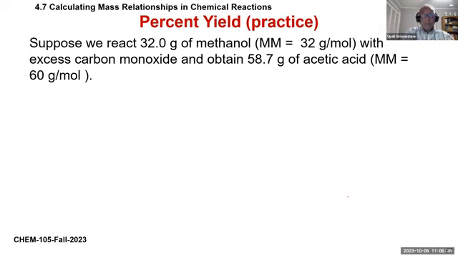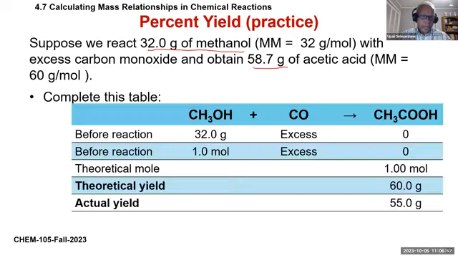Suppose we react 32 grams of methanol in excess carbon monoxide, and 58 grams of acetic acid is produced. Complete the table. This is theoretical.